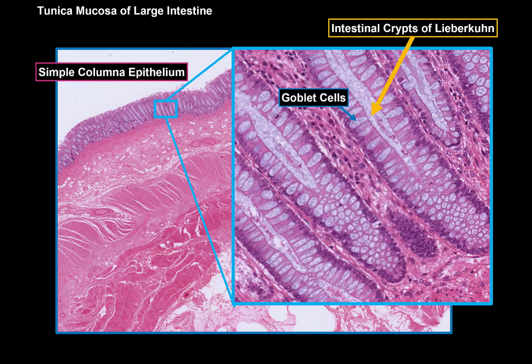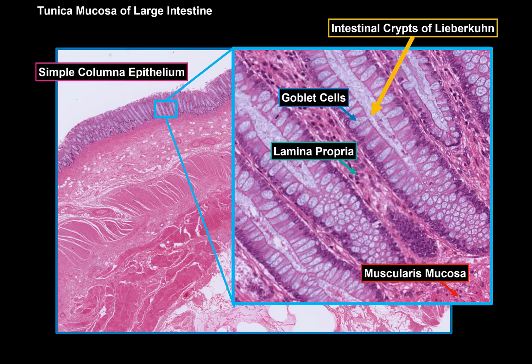Instead, there are straight intestinal crypts called the crypts of Lieberkühn, which are just tubular glands secreting mucus. Between the crypts there is the lamina propria, with many cell types, including plasma cells, lymphocytes and macrophages. Then there's the lamina muscularis at the bottom, typical mucosa structures.